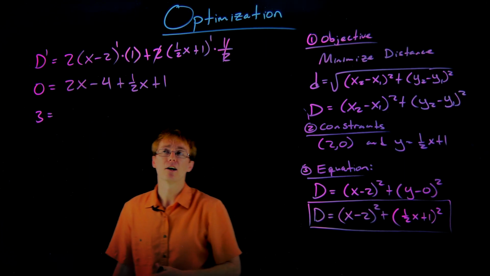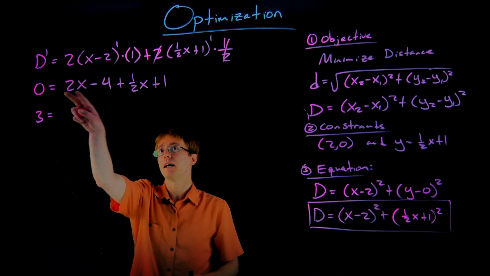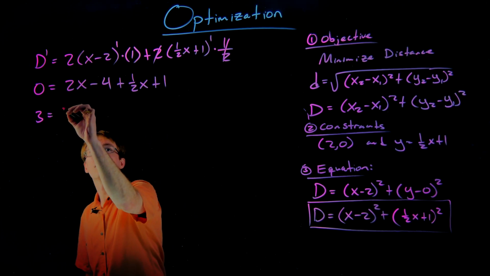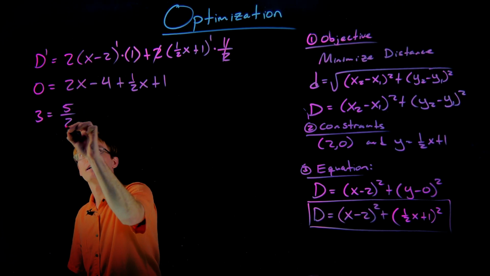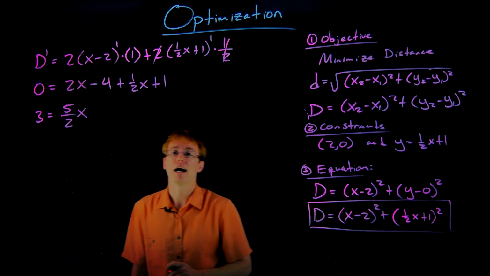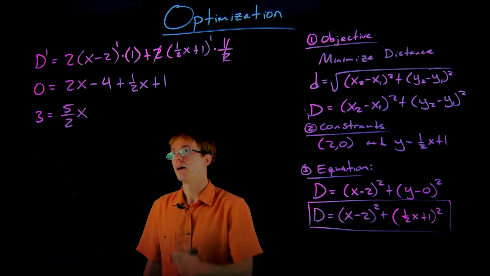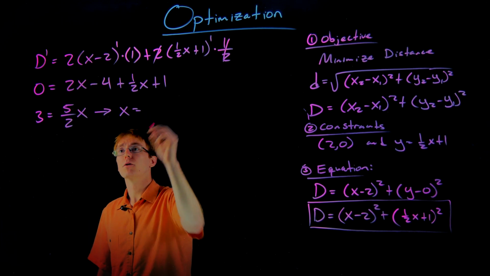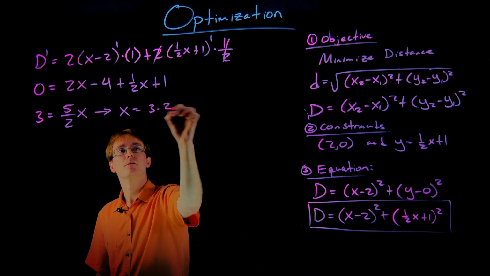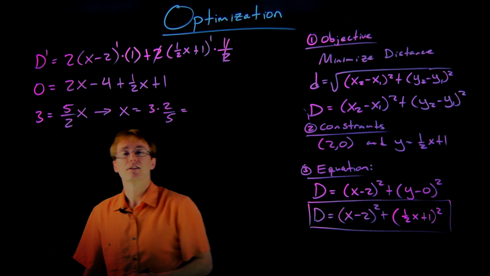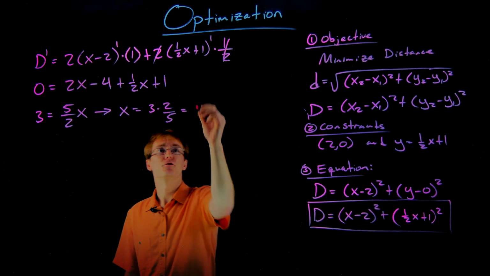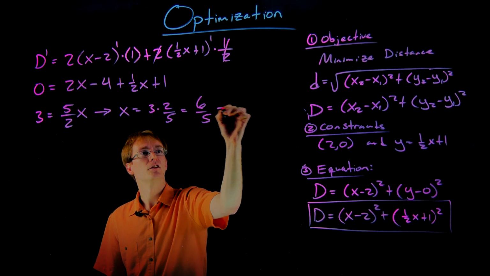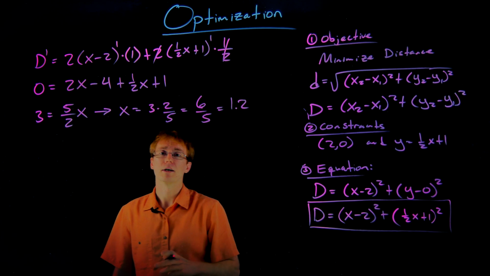That'd leave me with 3 on the left-hand side. If I combine these like terms for x together, 2x plus 1/2 x gives us 2.5x, or 5/2 x. So now to find our actual x value, we have to multiply both sides by 2/5. So x is going to be equal to 3 times 2/5, or 6/5, or 1.2.